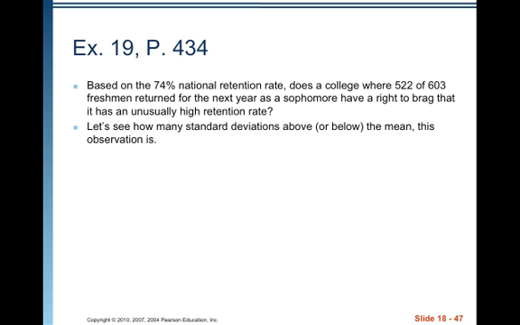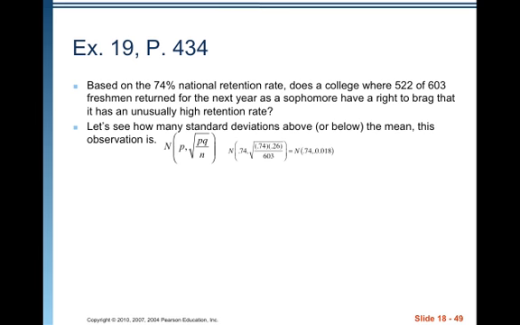So let's see how many standard deviations above or below the mean the observation is, and that'll give us an idea of if it's unusual, and unusual in a good way or unusual in a bad way, or if it's something typical, because the only reason they'd be able to brag is if it was unusual in a good way. All right, so we have to consider the appropriate normal distribution centered at p and with the standard deviation of the square root of pq over the appropriate sample size.